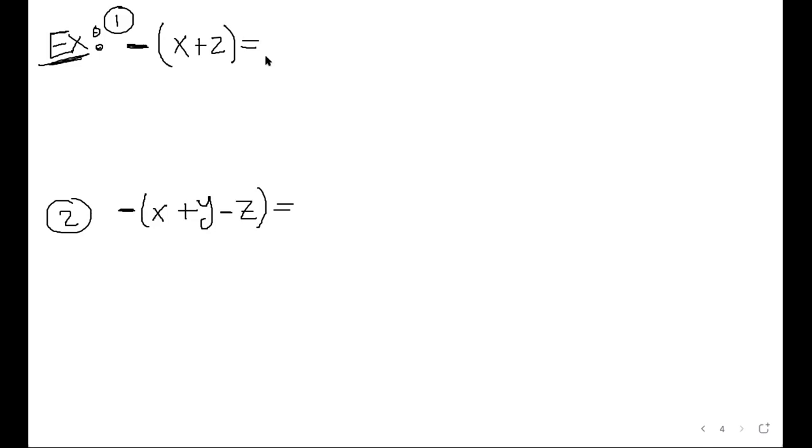Minus x minus 1? Yes. Minus x plus minus 2? Yes. So again, we distribute a negative inside. Look. The negative times positive is negative, negative x, and negative times positive is negative, again, 2. This is the answer.